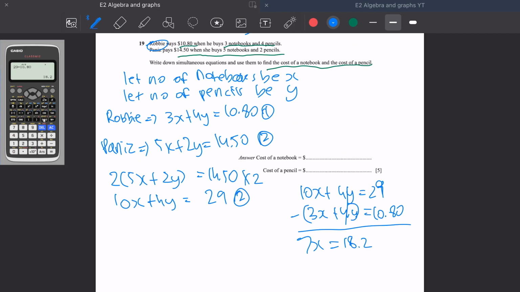Yeah, this should be 18.2. Then you get x as 2.6, and for the cost of a pencil, 3 into 2.6 plus 4y is equal to 10.80.